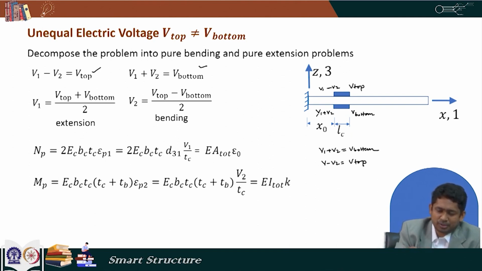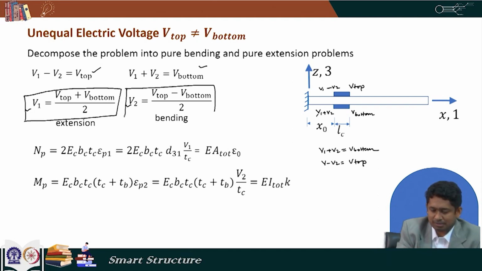Now if we solve these two equations, we get V1 and V2 in terms of V top and V bottom. So V top and V bottom are given to us, V1, V2 we do not know. So by solving this, we get V1 and V2 in terms of V top and V bottom. So this is what is going to cause a pure axial effect, and this is what is going to cause a pure bending effect.